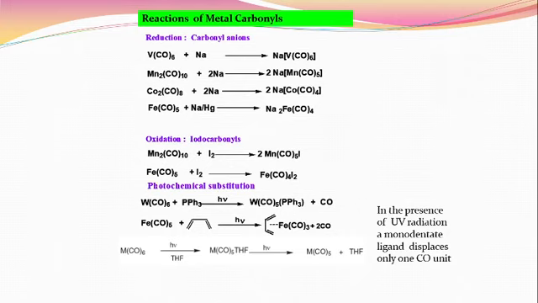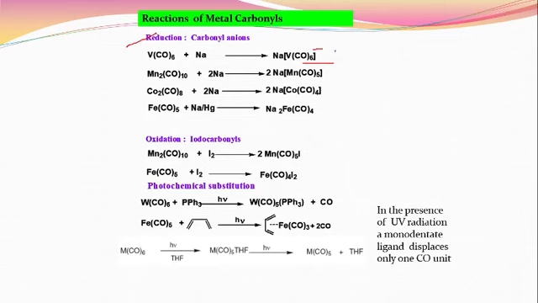Let me see the first reaction, that is reduction, the conversion of a compound to a carbonyl anion. Here hexacarbonyl vanadium, which is reacted with sodium, gives Na[V(CO)6]. If we remove the sodium, this complex has a negative charge.